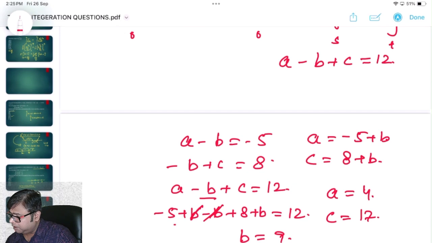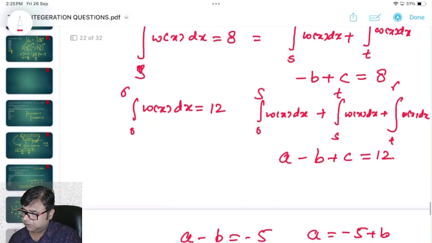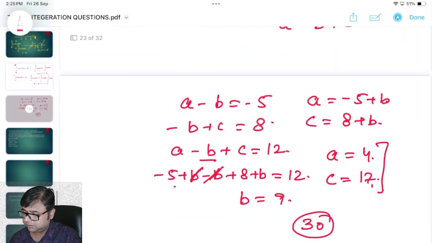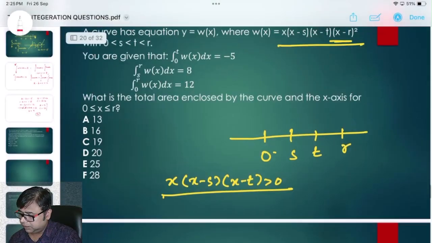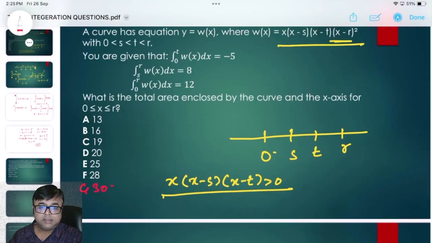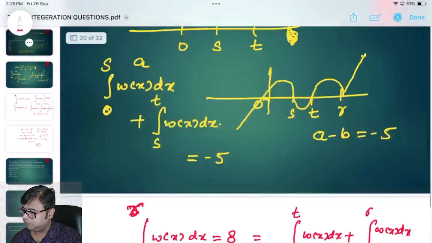If I put it here, I get A as 4. If I put B as 9 here, I get 17. The total area has to be 30. So the answer has to be 30, and 30 is the correct answer. This is something which you have to understand. Let's move on to the next.